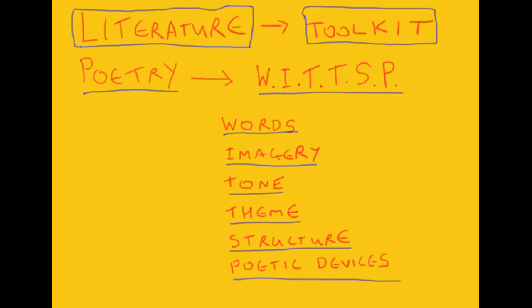I encourage you to use this acronym in the order that it's presented. First you look at words, then the imagery in the poem, then the tone, then the theme, then the structure, and lastly the poetic devices that the poet has used.